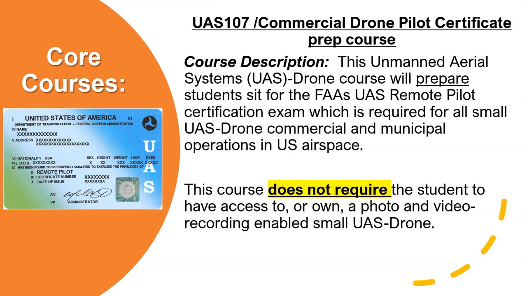The goal of this course is to prepare the student to sit for and successfully pass the FAA's Remote Pilot Certification exam. Unlike other courses, this course does not require the student have access to or own a photo and video recorded enabled small UAS drone.